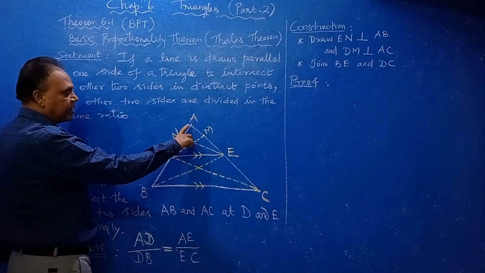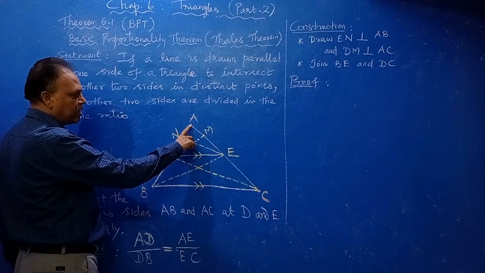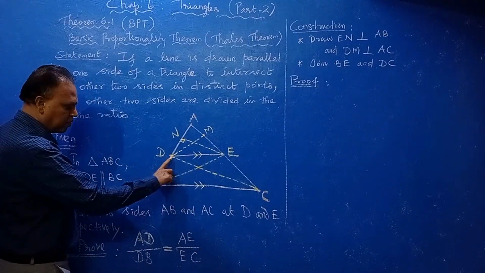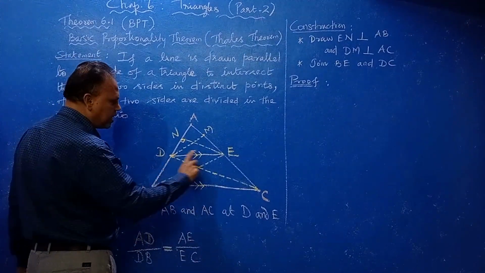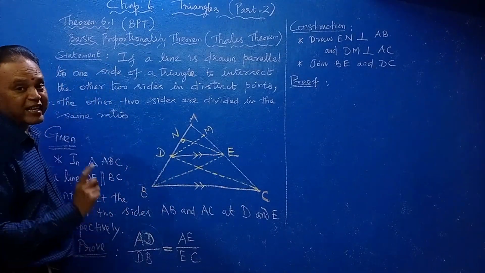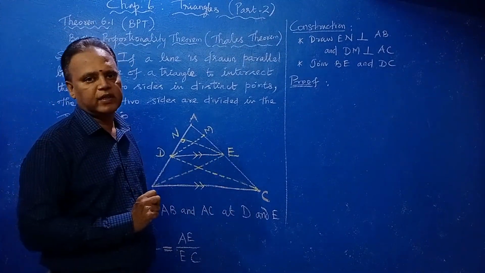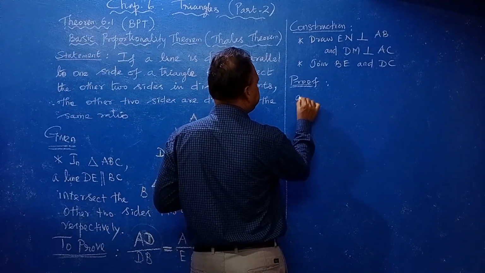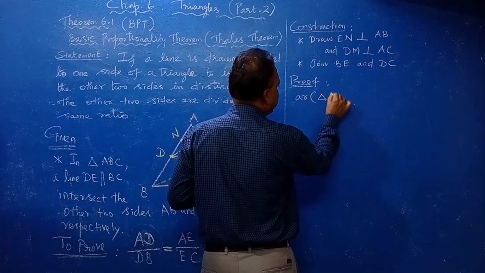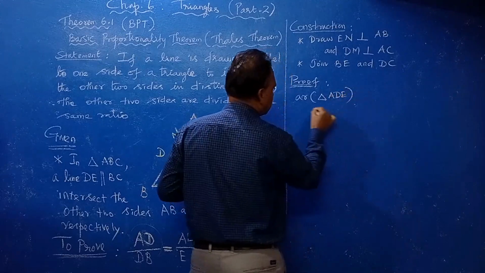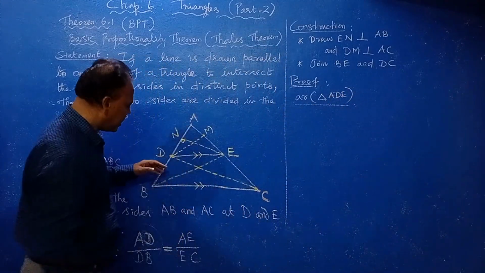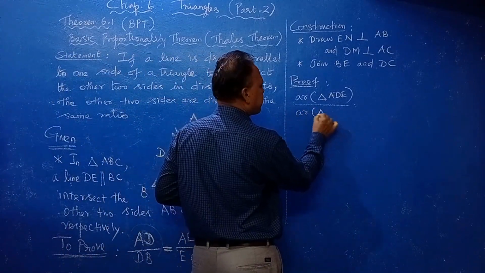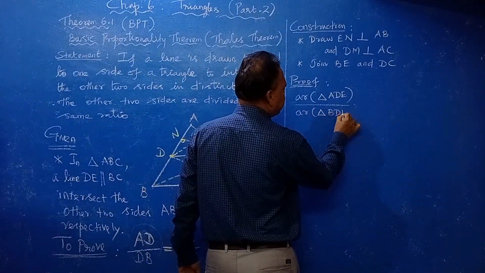So you have to take left hand side. Left hand side AD, based on AD you have ADE. Then DB, based on DB you have BDE. Two triangle area you have to find out here. So you write area of triangle ADE by area of triangle BDE.